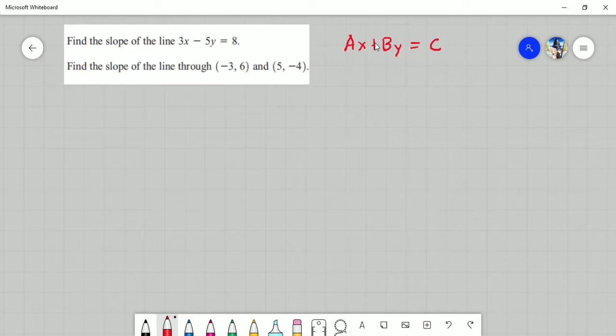Now, when talking about slope, we should know that the slope is the value or coefficient that's always corresponding with the x variable when we have the equation set equal to y.